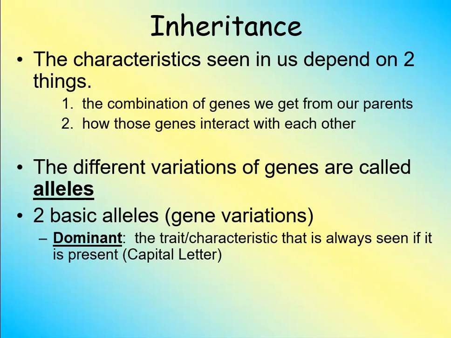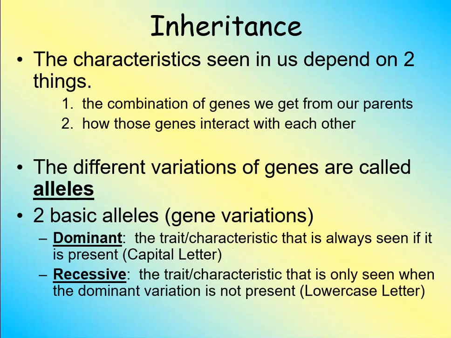It's a dominant, so the trait or characteristic is always seen if it is present, and that one we normally put as a capital letter. And then we have our recessive trait, and that is going to be the trait or characteristic that is only seen when the dominant variation is not present, so lowercase letter.